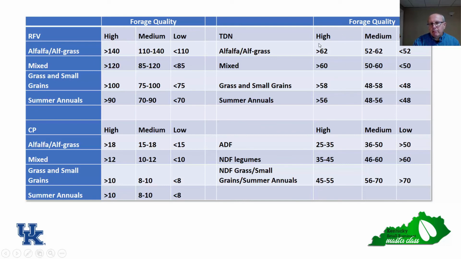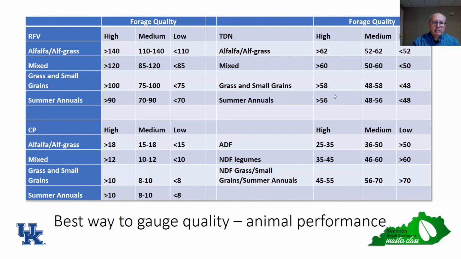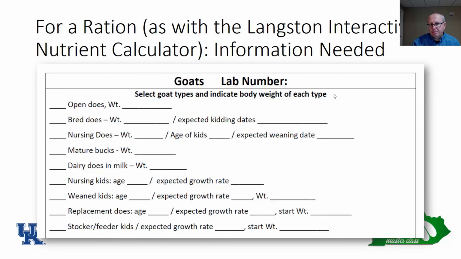So I've made it in this table that high quality hay starts at 58% TDN. So you can see that we're going to need to know something about the requirements of the animal to really estimate how good a hay is. And of course, the best way to gauge quality is the actual animal performance.